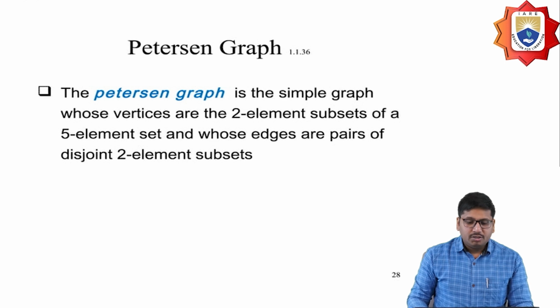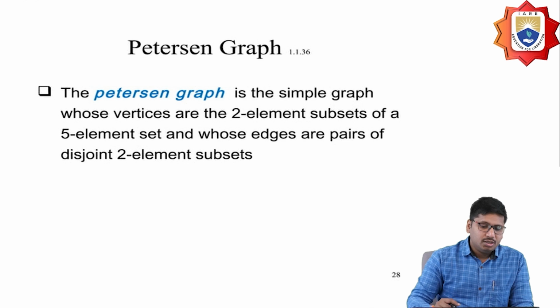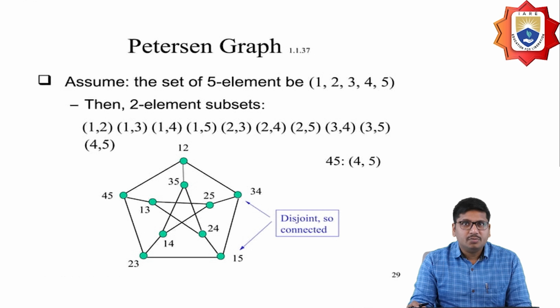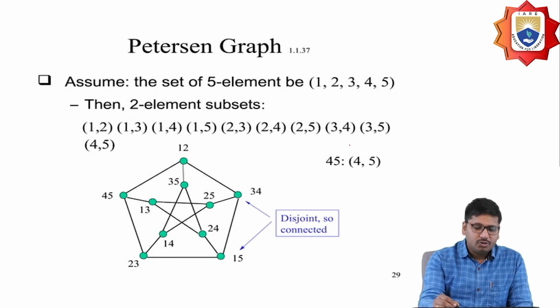And the next one is the Petersen graph. The Petersen graph is the simple graph whose vertices are the two-element subsets of a five-element set and whose edges connect pairwise disjoint two-element subsets. How this is represented here is that suppose we have five elements, and then the two-element subsets will be like this: 1 2, 1 3, 1 4, 2 3, 2 4, 2 5, 3 4, 3 5 like this.